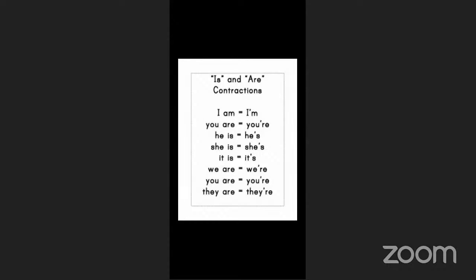We omit A, we take out A, and in its place we write an apostrophe. And look at where I have used the apostrophe: after I. You are, you're. He is, he's. So when you write these down, write them clearly with the apostrophe.